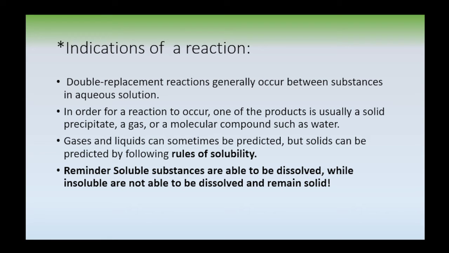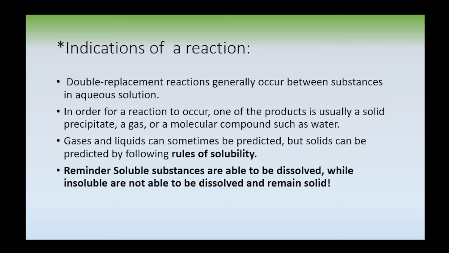Indications of a reaction taking place in double replacement reactions: generally, reminder, it's occurring between two substances in aqueous solution. And in order for a reaction to occur, one of the products is usually a solid, precipitate, or gas, or a molecular compound such as water.